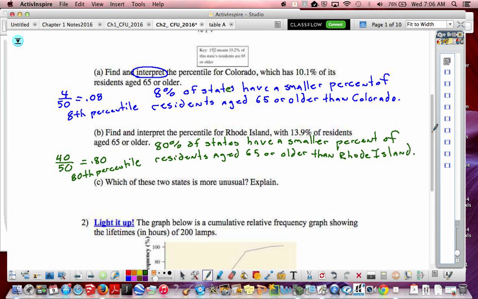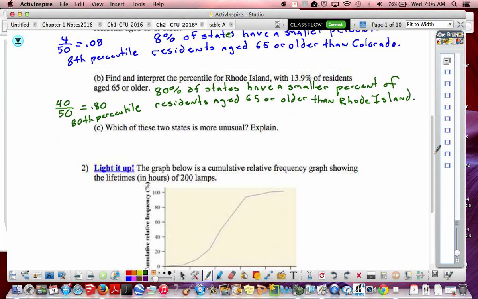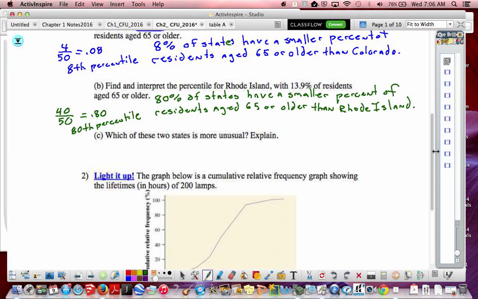Which of these two states is more unusual? Is Colorado more unusual, or is Rhode Island more unusual? The question is basically, which one's farther away from the center? When I look at these, I would say Colorado is more unusual.